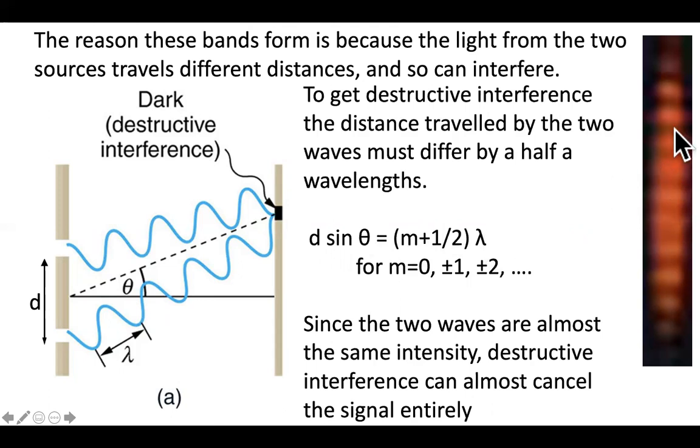And you can make these bands very dark because these two waves are nearly the same strength. So whereas before one was strong and one was weak, in this case they're both equally strong. So when they cancel, they can almost cancel out completely, making a very dark region. In practice doing that is sometimes kind of hard, so you get slightly blurry patterns.